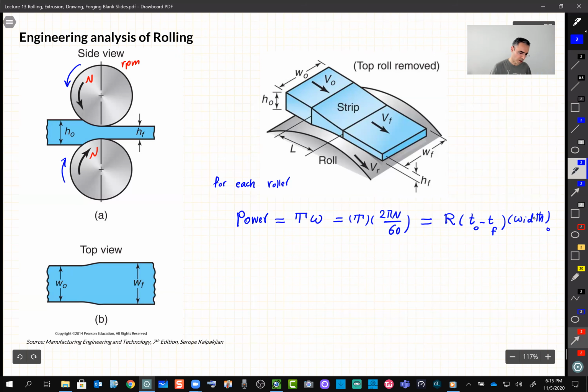Here is the width that we are talking about. Original width, and then multiply everything.